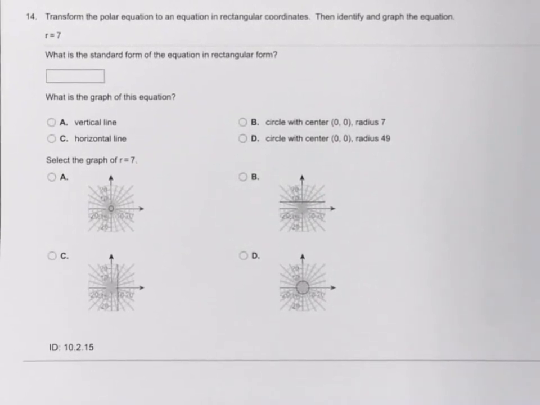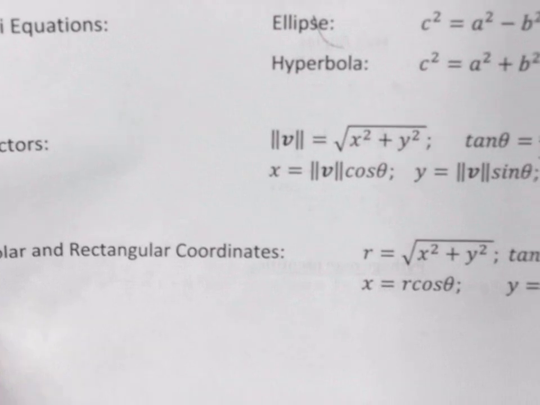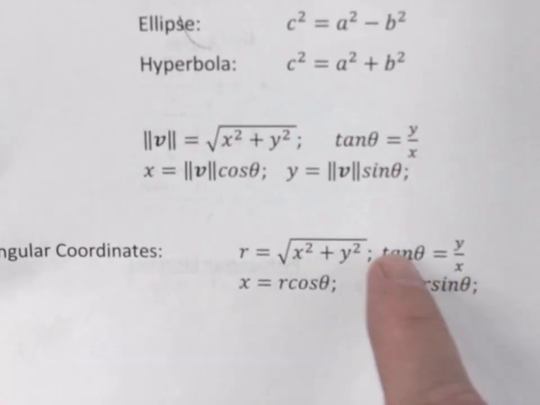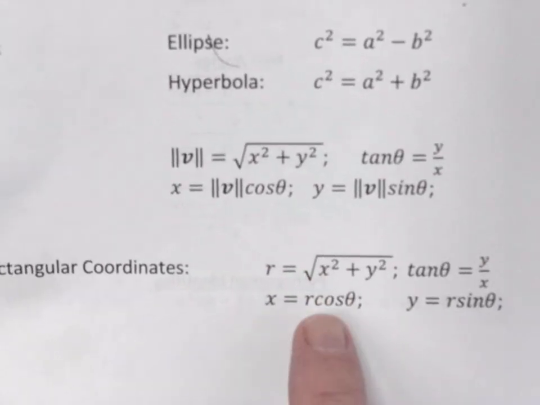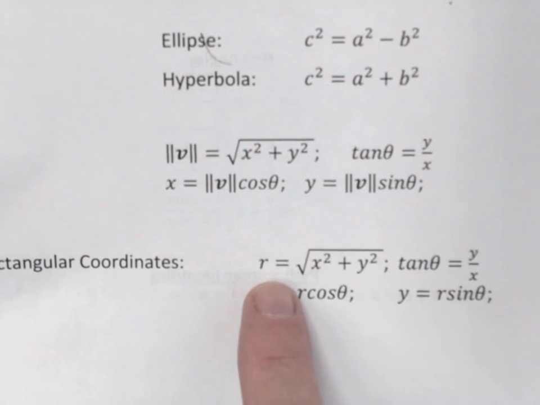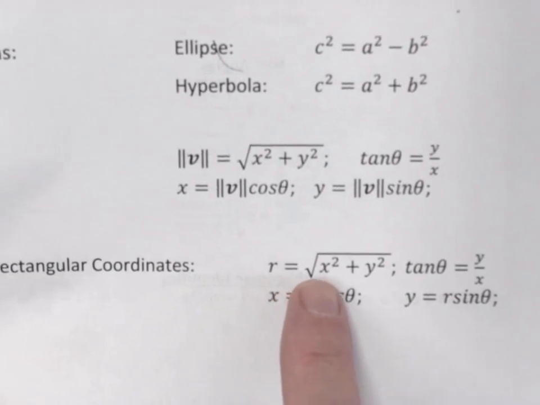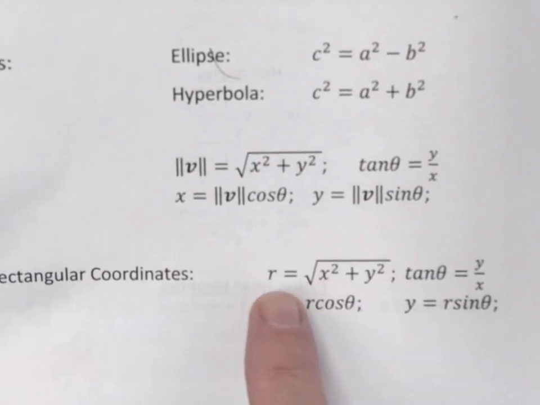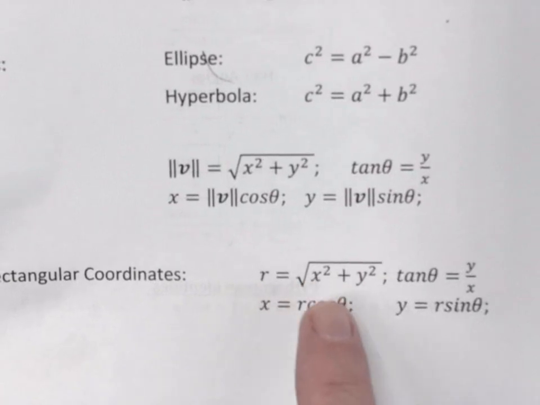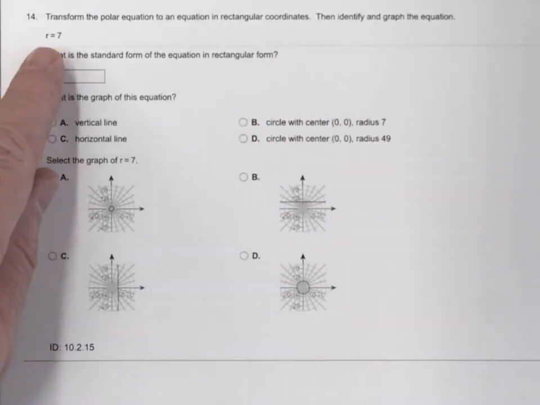So once again, if you go to your formula sheet and look in the section on rectangular and polar coordinates, we're going to use some of this. In this case, I want to use this right here: r equals the square root of x squared plus y squared. So that relates r to x and y. And that's in a sense what we want to do.